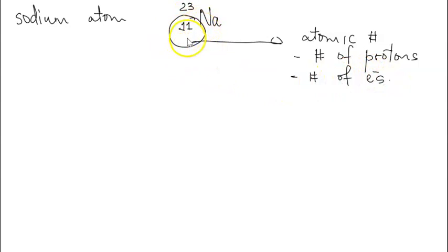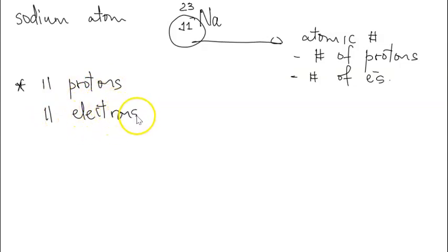Now looking at this, that's 11. What this tells us is that we have 11 protons and we have 11 electrons in a neutral atom of sodium.